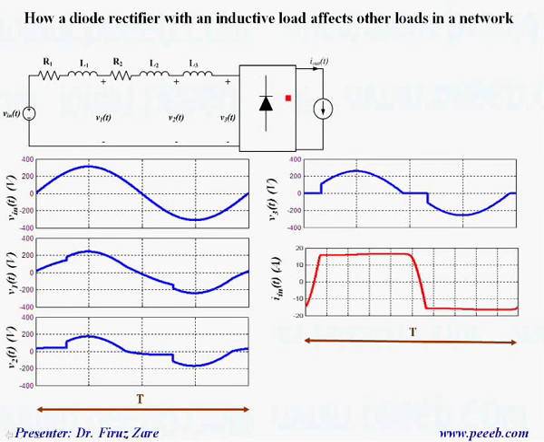Let's look at some examples. In this case we have a diode rectifier with a pure inductive load as a current source, and then we have different line impedance. Let's look at the voltage across this terminal. For a short time there is a short circuit because of commutation. That means the current through the line impedance is increasing, and the di/dt is controlled by the line impedance. So over this time we can see that the input voltage of the rectifier is 0.